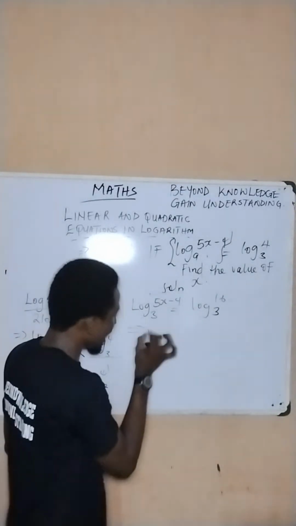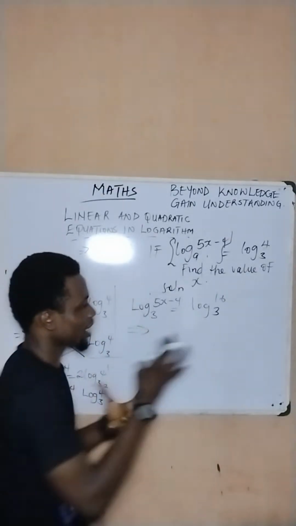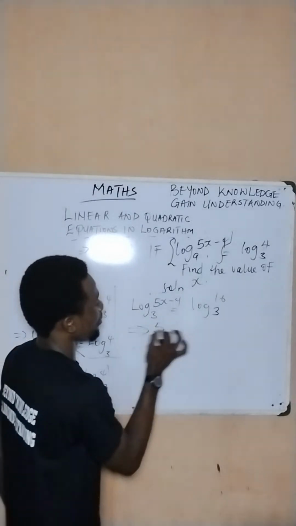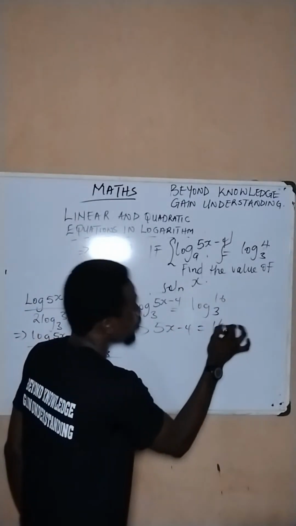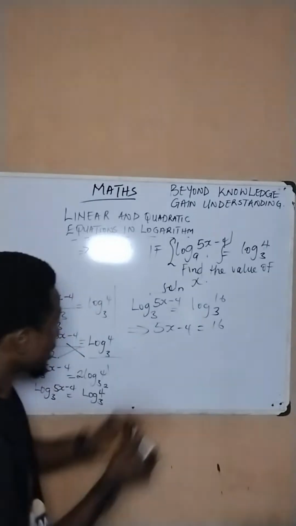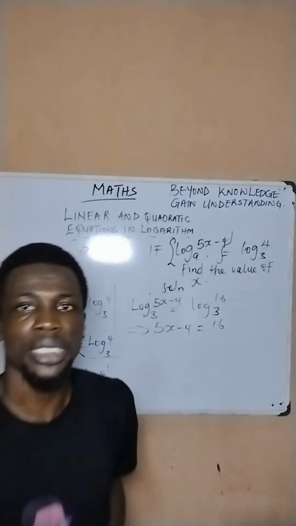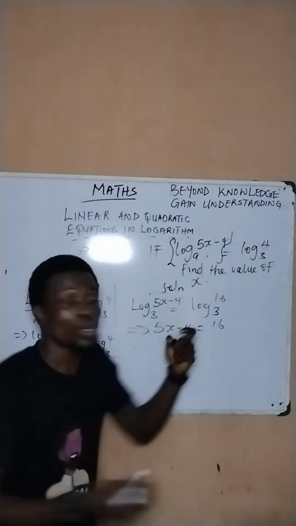So this implies, this is what you have. You don't need to write all this down, but this is actually what is going on. So this implies that 5x minus 4 is equal to 16. Since the bases of the logs are the same, it simply means that the logs themselves must be equal.